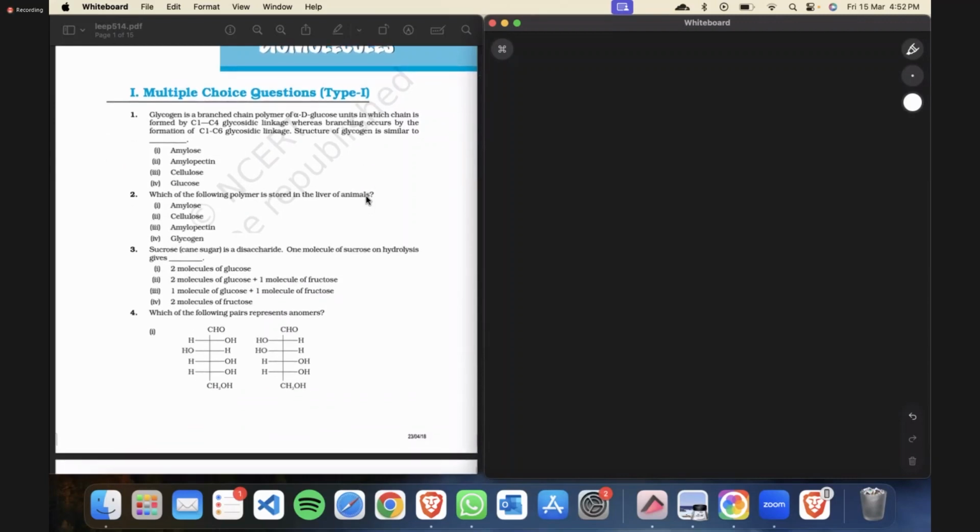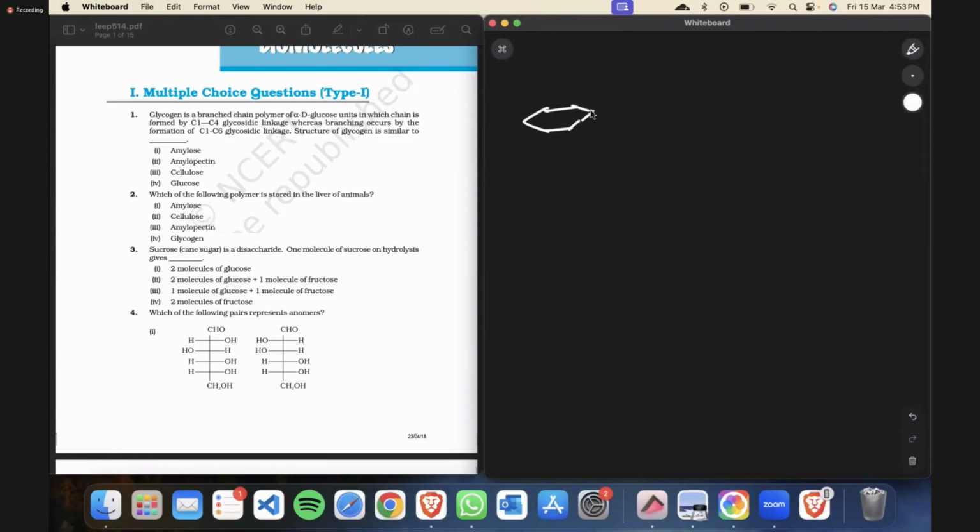All right, so let's start with question number one, which is: glycogen is a branched chain polymer of alpha D glucose units, in which the chain is formed by C1-C4 glycosidic linkage, whereas branching occurs by the formation of C1-C6 glycosidic linkage. Structure of glycogen is similar to what? See, listen, they've already told you that the glycogen is something like this.